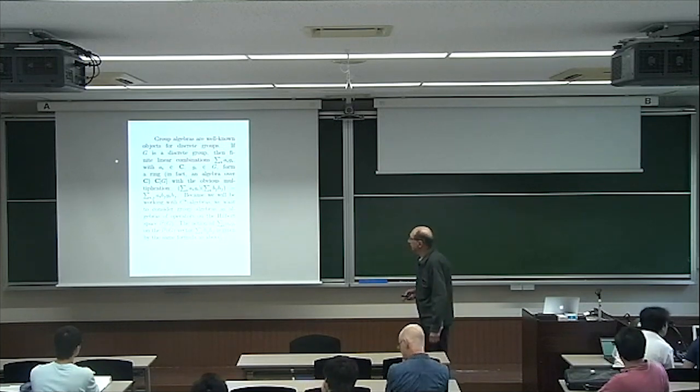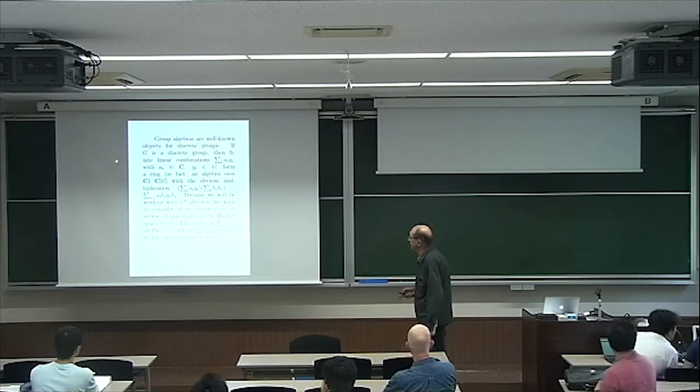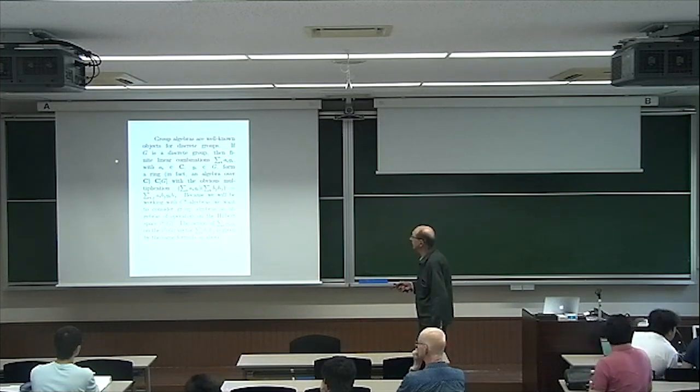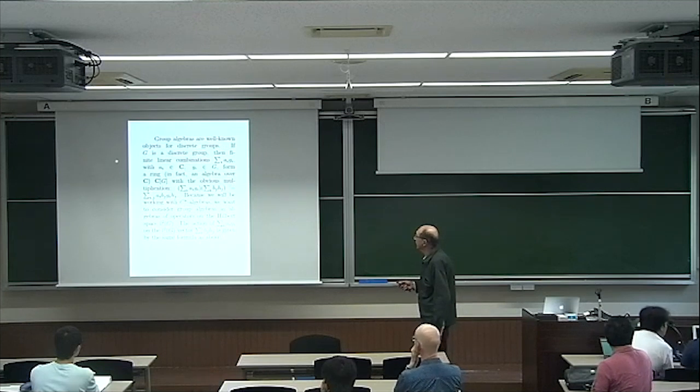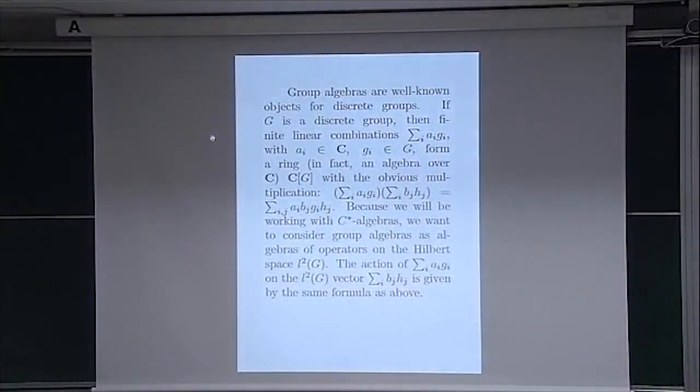So what is a group C-star algebra? You take a group. If it is a discrete group, you just consider finite linear combinations of elements, where the g are elements of the group, and coefficients a will be complex numbers. We need really complex numbers because we want to go into C-star algebras.